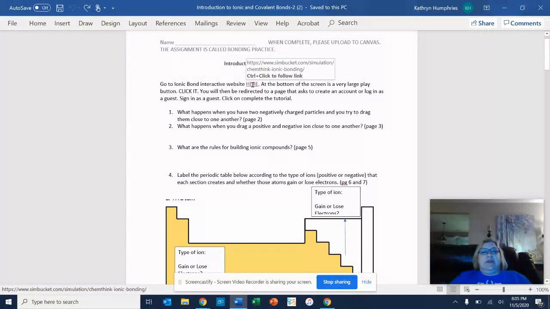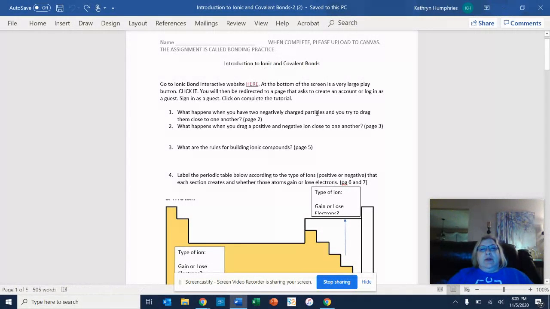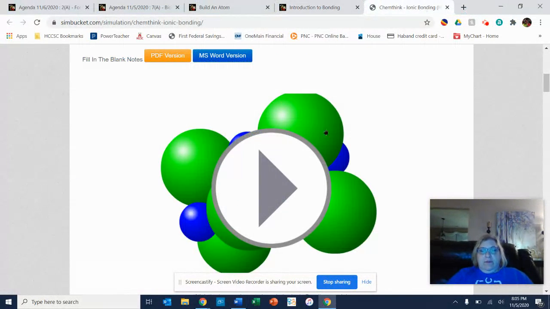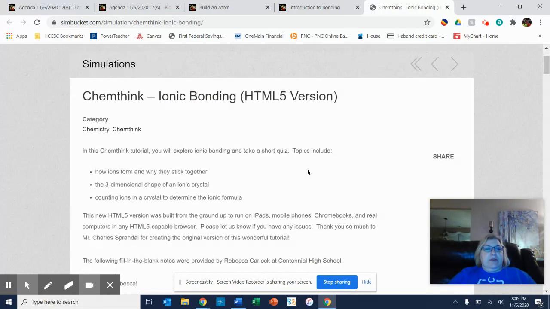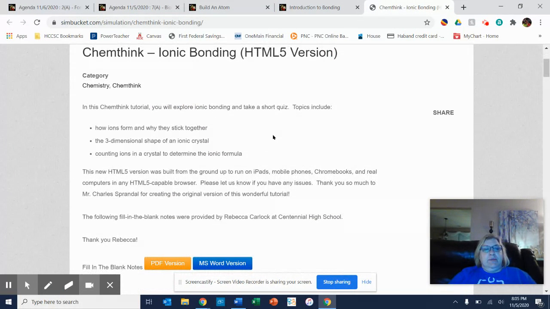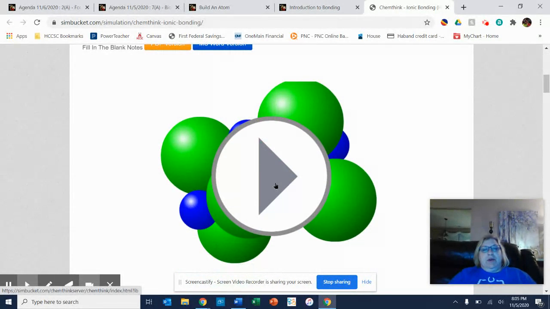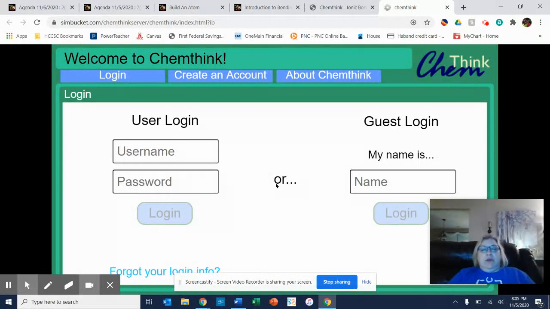You'll end up going to a website that looks like this. At the top, it's SimBucket, and it does have some information here. Then you come down here to the bottom, and you click on that humongous play button, and it will take you in. Log in as a guest.